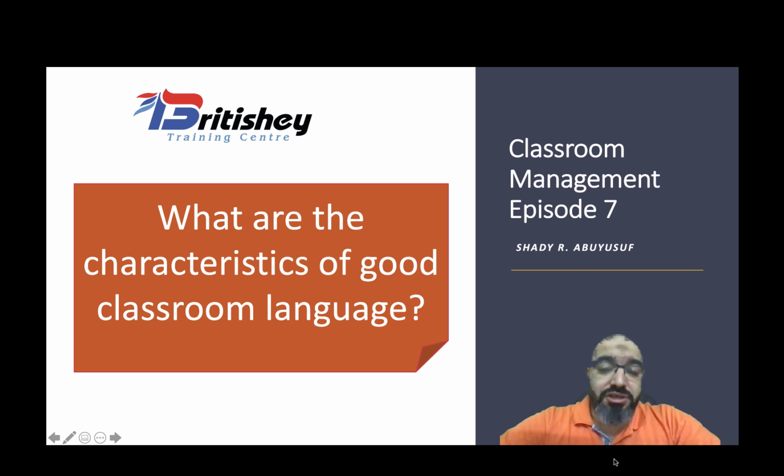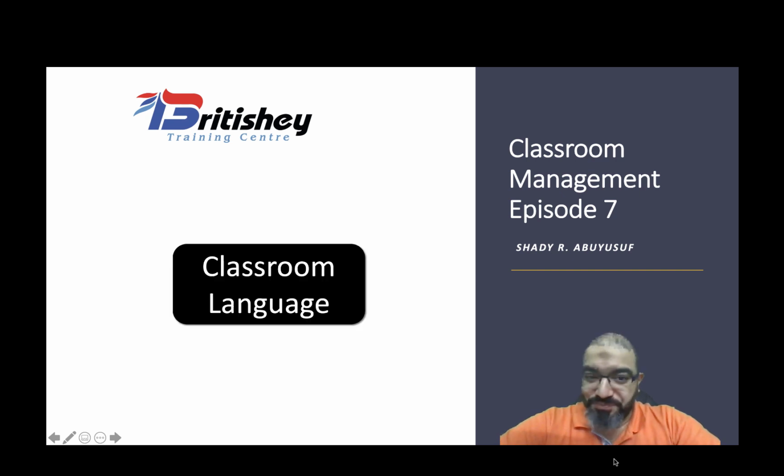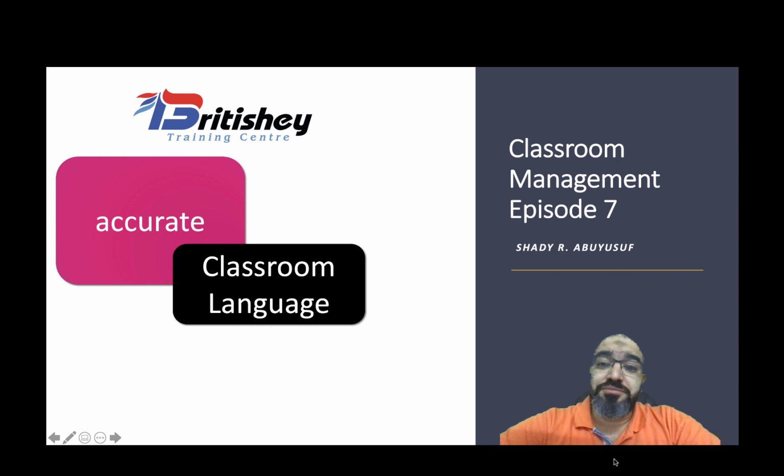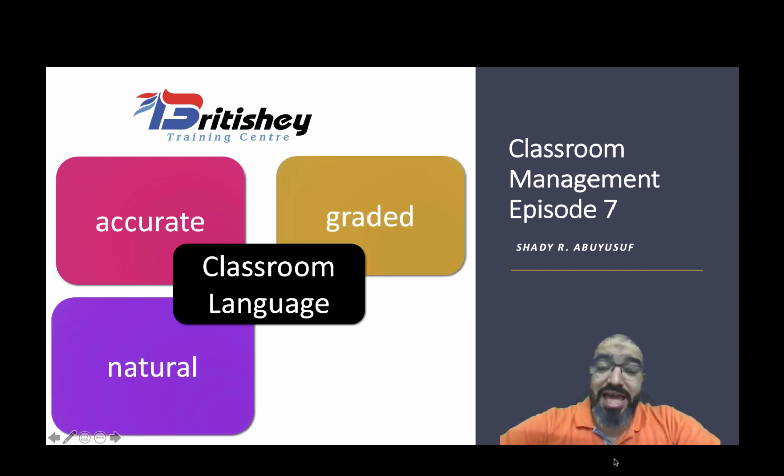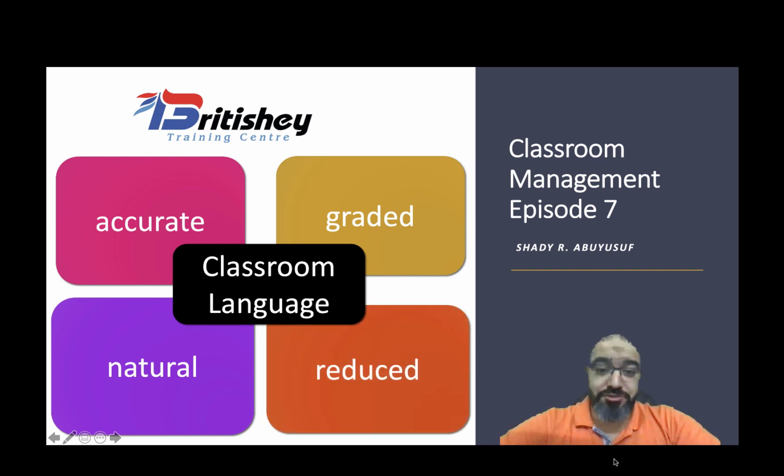Right, so again a question, what are the characteristics of good classroom language? Let's see. So we would say, number one, accurate. The classroom language that the teacher uses must be accurate and graded and natural and reduced.